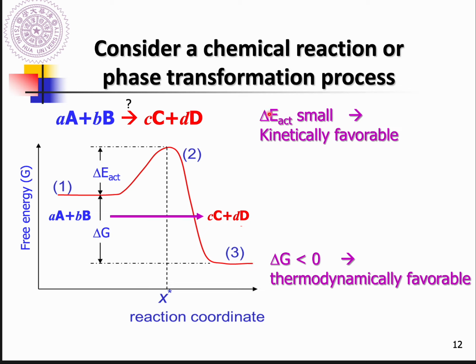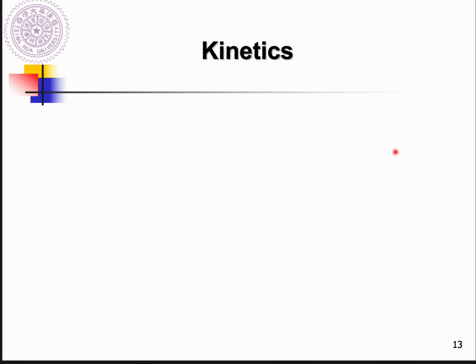So if the energy barrier or activation energy is smaller, that will speed up this chemical reaction, and we call it kinetically favorable. Now you have some pictures and an idea about kinetics, right? Okay, so I can give you more idea to talk about kinetics here.